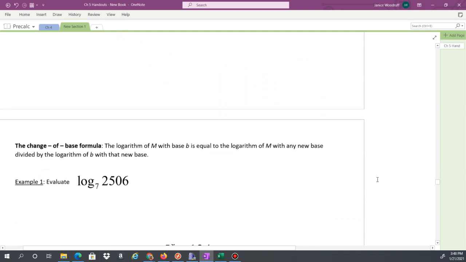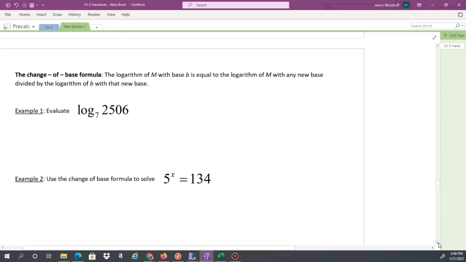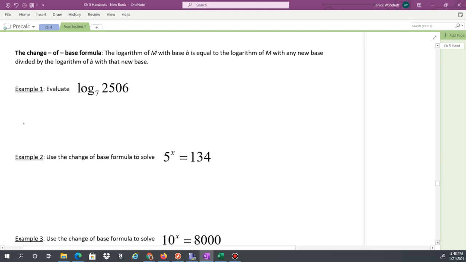All right, last thing in 5.5 is the change of base formula. So when I have a logarithm with a base, when I put it into an exponential form and I can't solve it easily, I can put it in my calculator. If you have the TI-84, you can just put it in your calculator just like this. But if not, you're going to do the answer over the base.